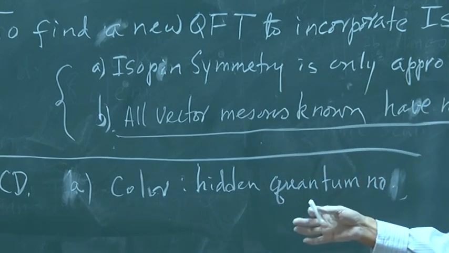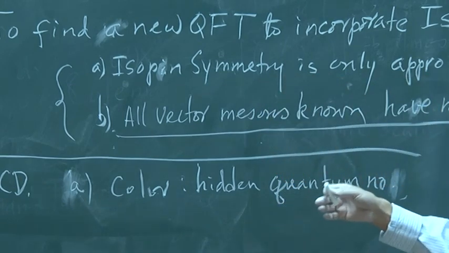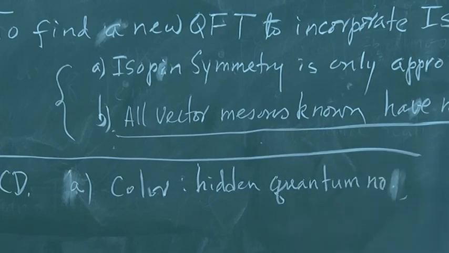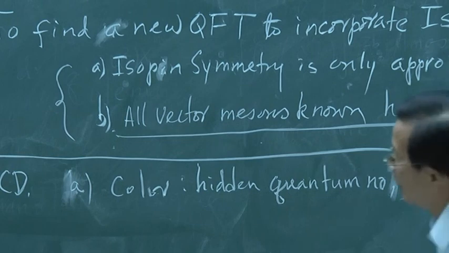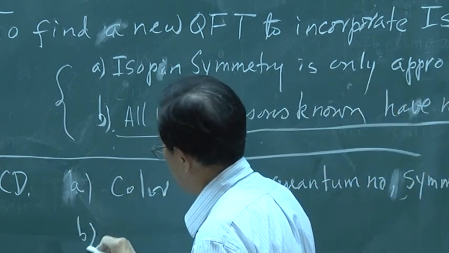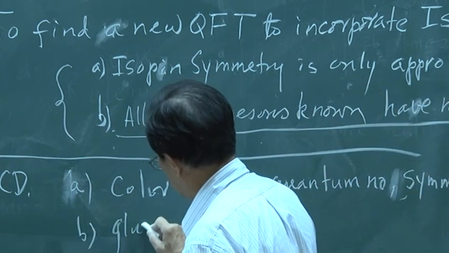Because the assumption was that only color singlets are observable. And then the symmetry is put exact. And then of course we know in QCD all the gluons are massless.